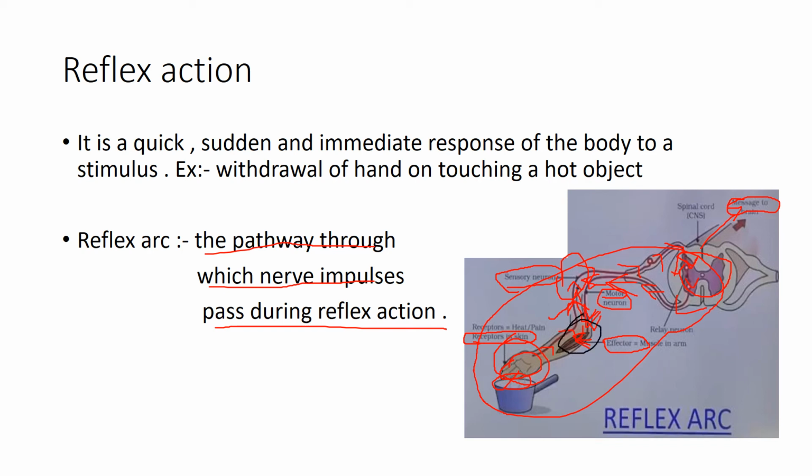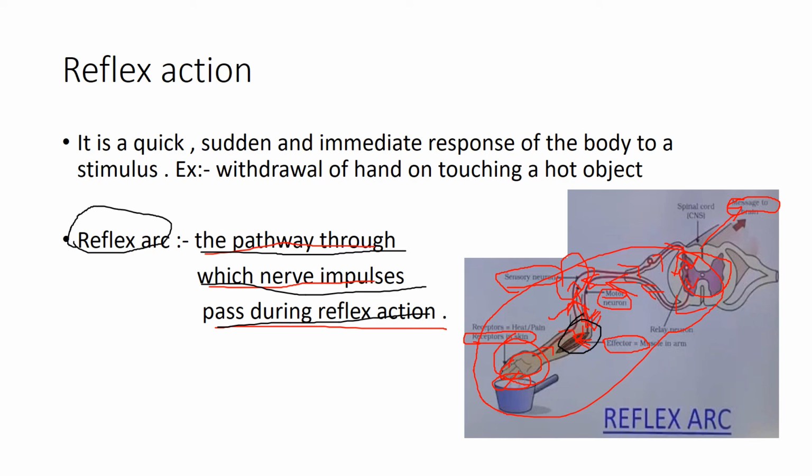This pathway, which nerve impulses pass through during a reflex action, is called the reflex arc. They have given this here also: the pathway through which nerve impulses pass during a reflex action is called a reflex arc.